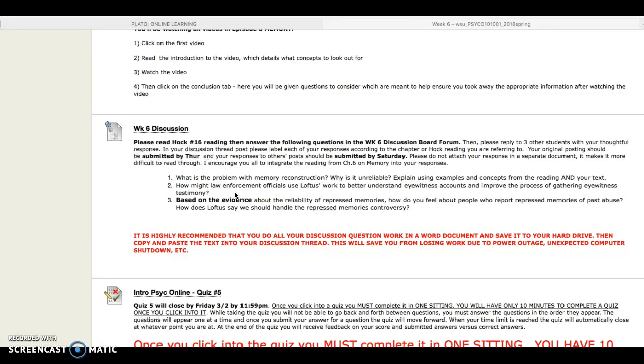But the Hawk Reading doesn't really give you the bones, a lot of the concepts that help you to understand what short-term memory is and what long-term memory is and what role those play in forgetting something that you saw. You're going to be looking at this idea of memory reconstruction, when we're reconstructing something that happened.